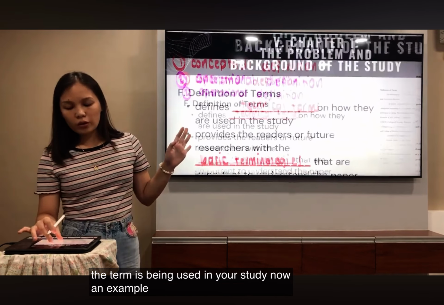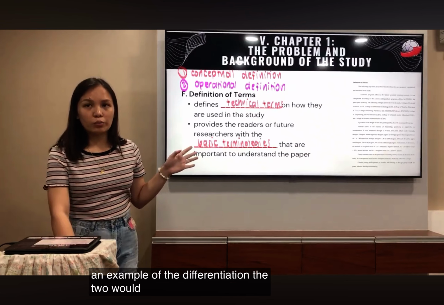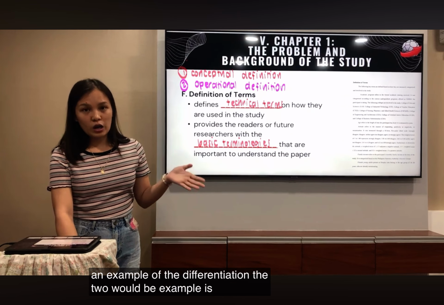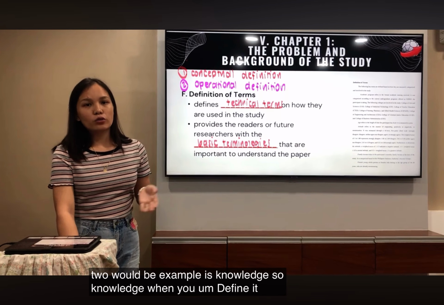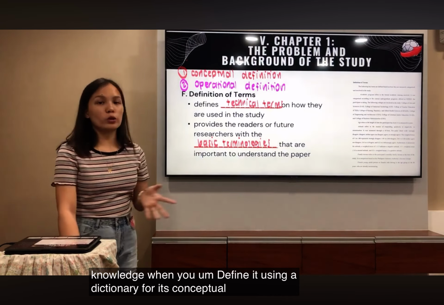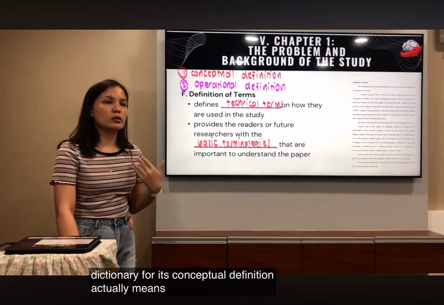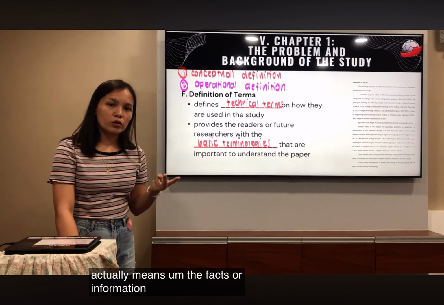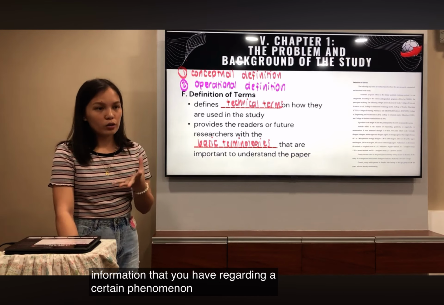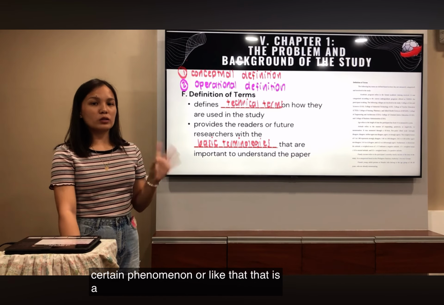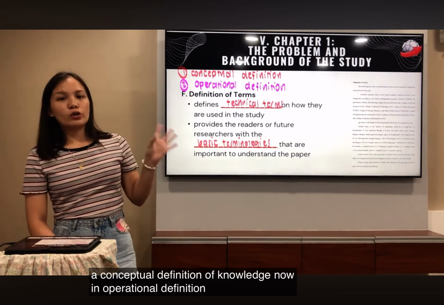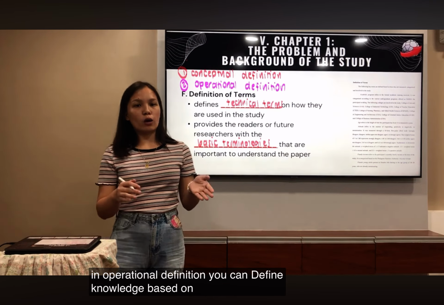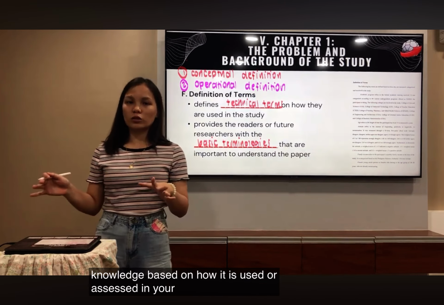Now, an example of the differentiation of the two would be knowledge. When you define knowledge using a dictionary for its conceptual definition, it actually means the facts or information that you have regarding a certain phenomenon. That is a conceptual definition of knowledge. Now, in operational definition, you can define knowledge based on how it is used or assessed in your study.